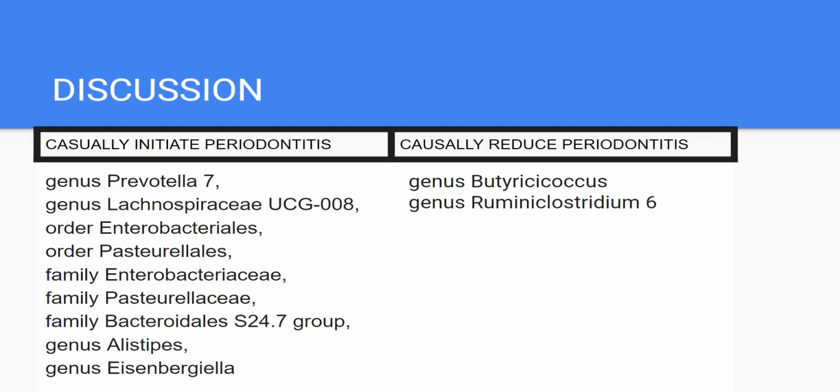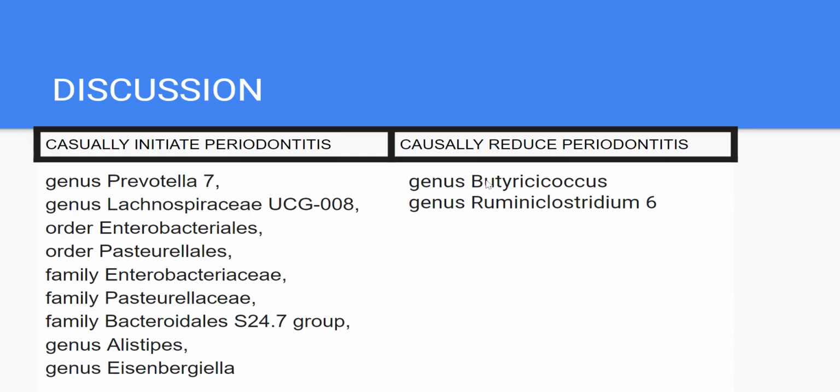Now we will move on to our discussion part. As we told about all these studies, there are a few microbiota that are causing a positive effect and causally initiate periodontitis, like genus Prevotella 7, genus Lachnospiraceae UCG 008, order Enterobacteriales, order Pasteurellales, family Enterobacteriaceae, family Pasteurellaceae, family Bacteroidales S24-7 group, genus Alistipes, and genus Eisenbergiella.